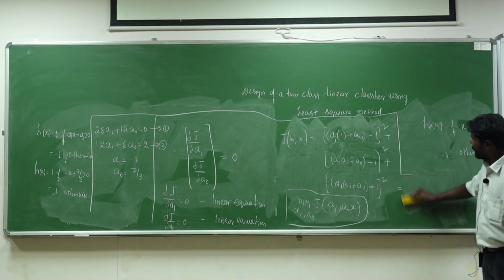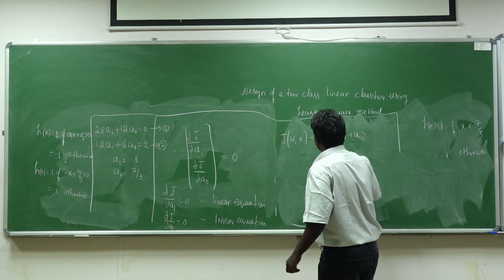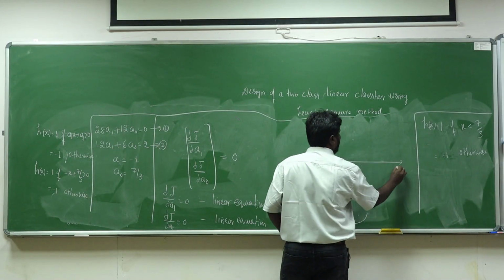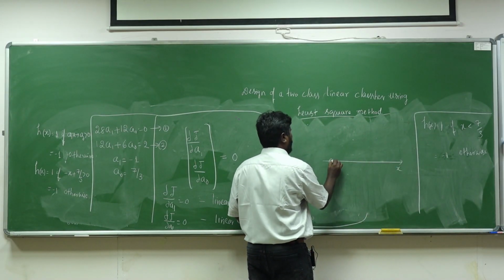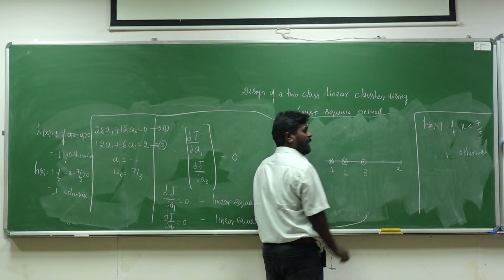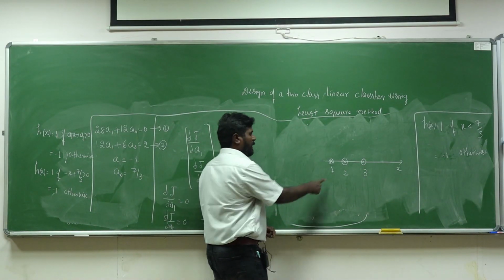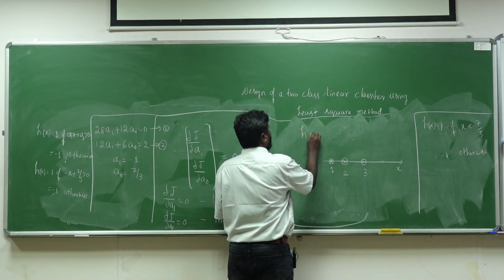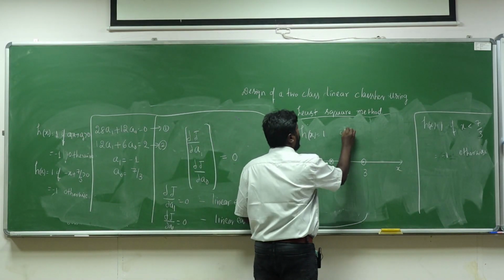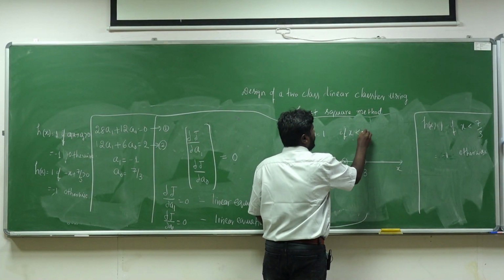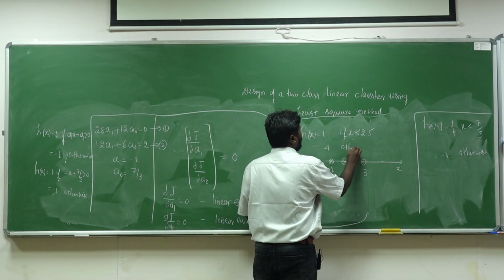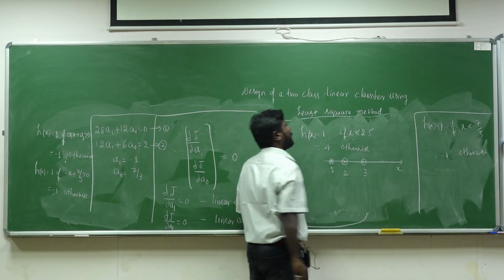Now we have a feature space something like this, and by looking at the feature space, we got h of x equal to 1 if x is less than 2.5, otherwise minus 1.